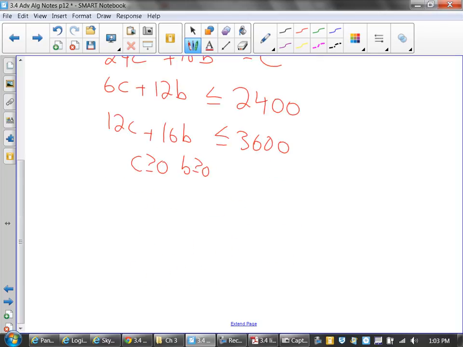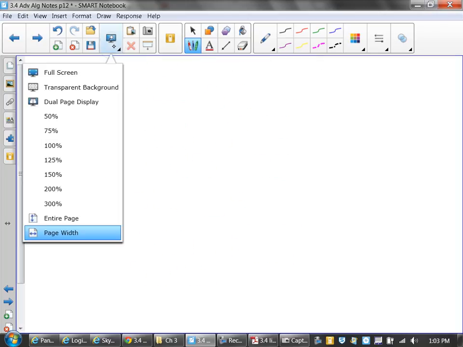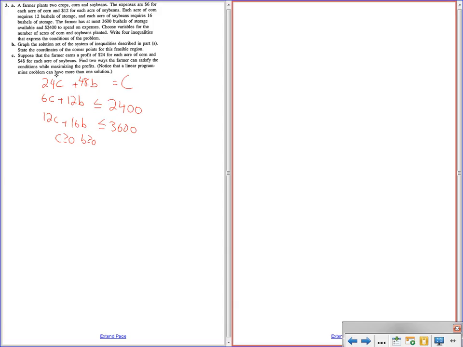Now, when I set this problem up, everybody see how it's 6, 12, and 24? What can I divide those all by? 6. That's fine, and that's okay.